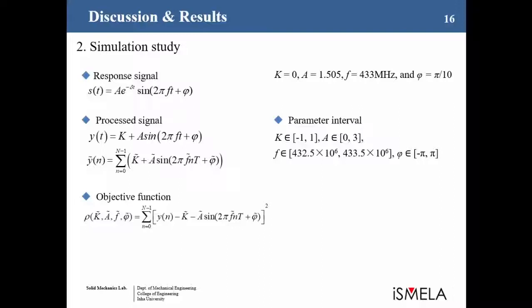We use this equation to represent the response signal, and these two equations are set as the processed signal, and to estimate the signal, we use this objective function, and the parameters and the values for the parameters are set like this.